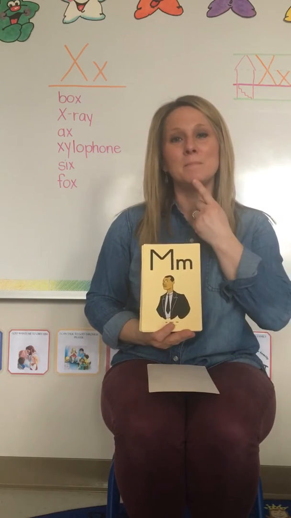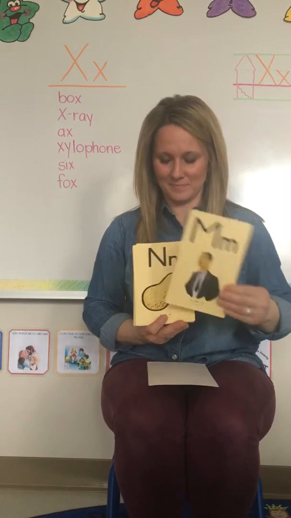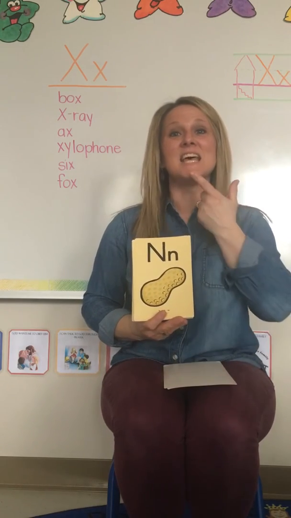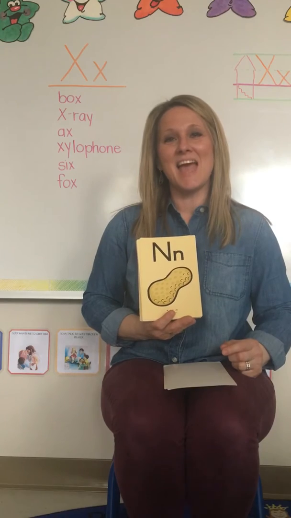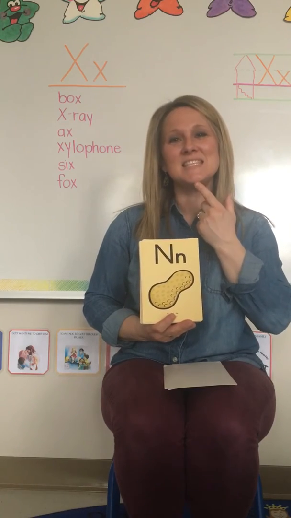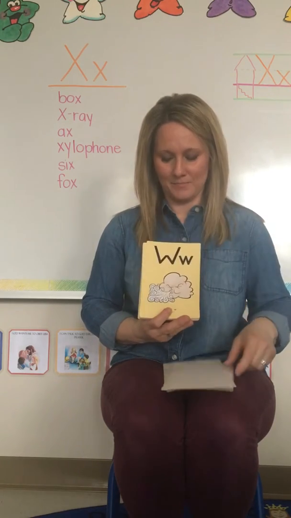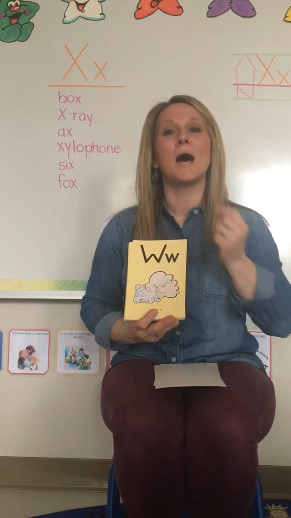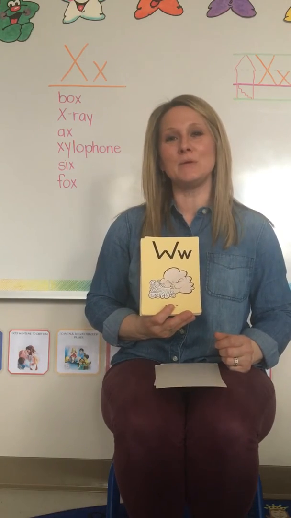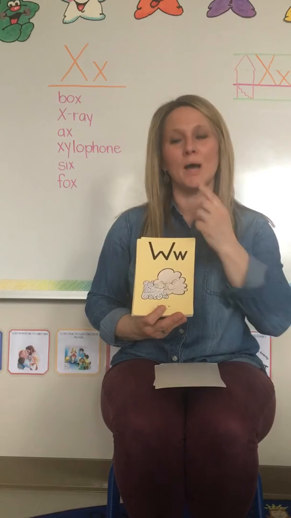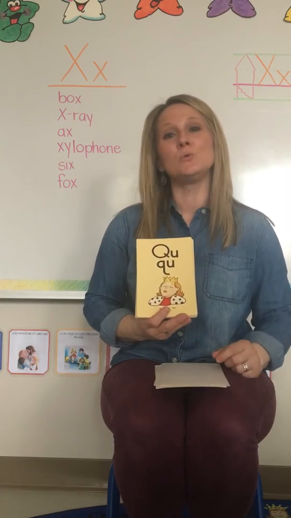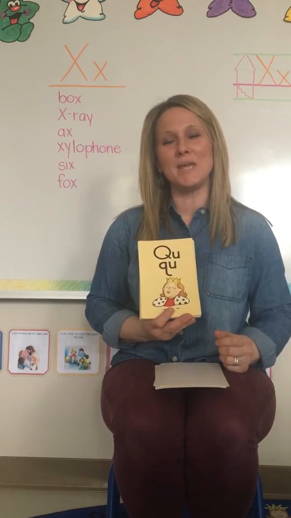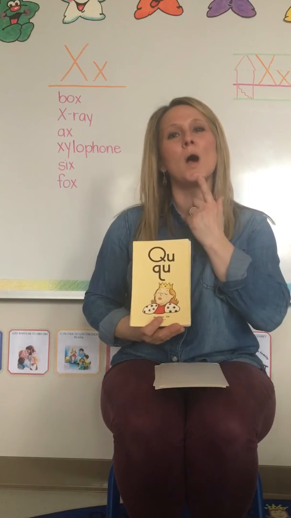M says m. N says n as in nut. N says n. W says w as in wind. W says w. Q says qu as in queen. Q says qu.